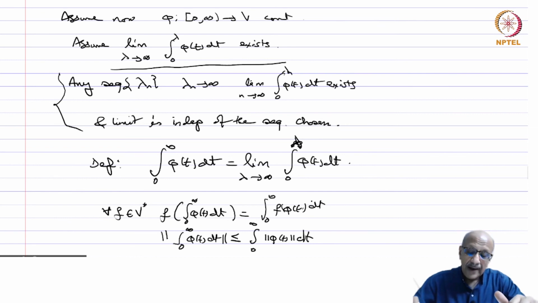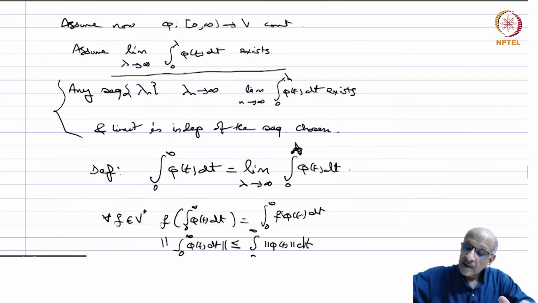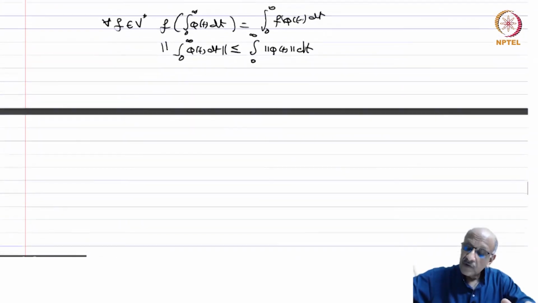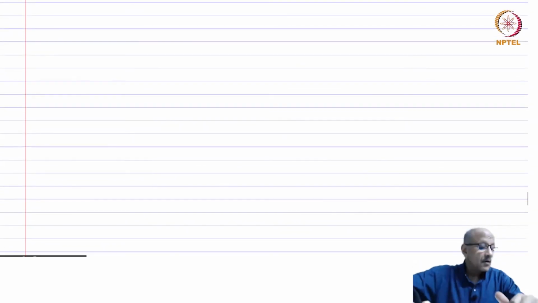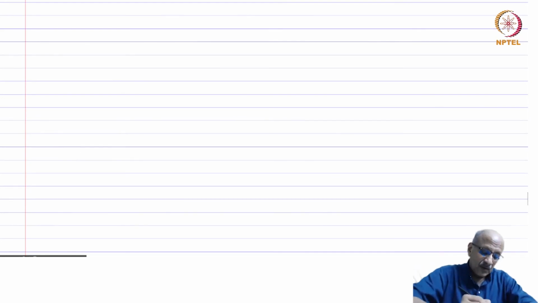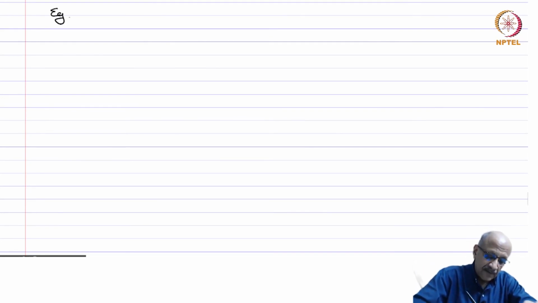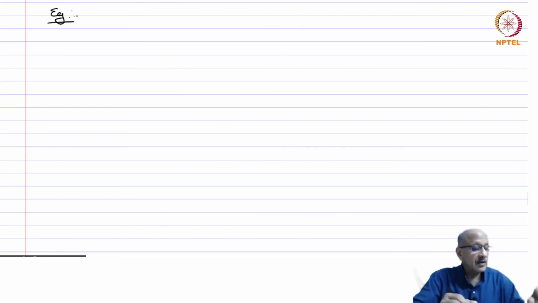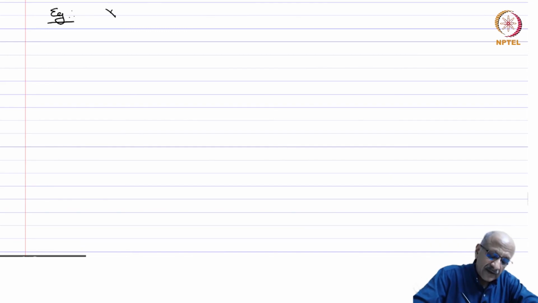Okay. And the last thing which we want to do is another example of existence of an integral. Let us take X, S, mu to be a measure space.